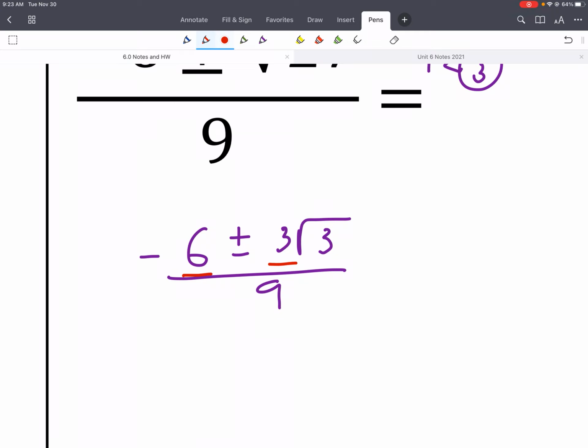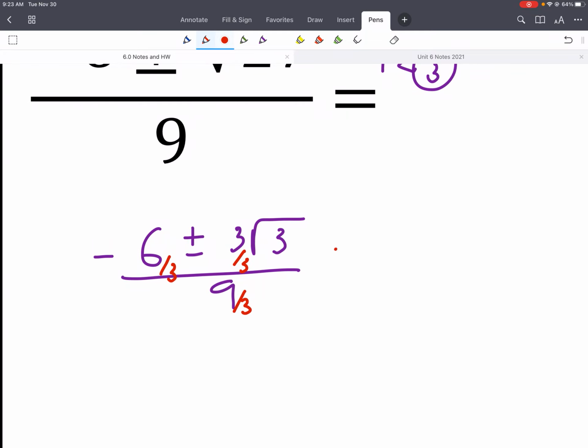Well, 3 goes into all of those, so we could divide all of them by 3. If you want to do it that way, that's fine. You can just do it in your head if you want. We'll end up getting negative 2 plus or minus 1 square root of 3, which is just square root of 3, over 3.